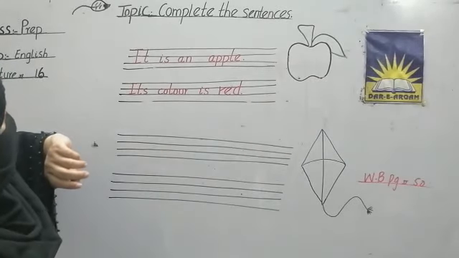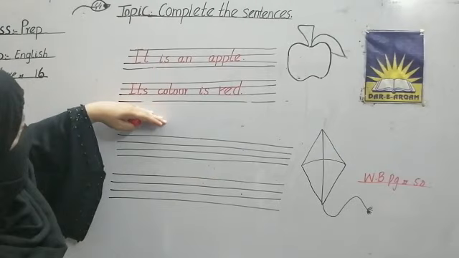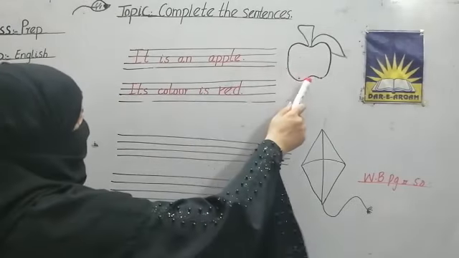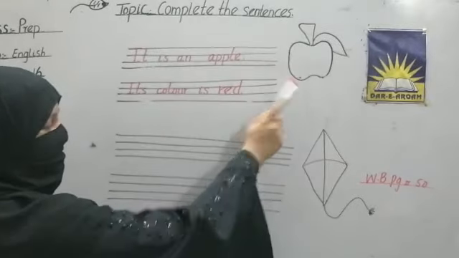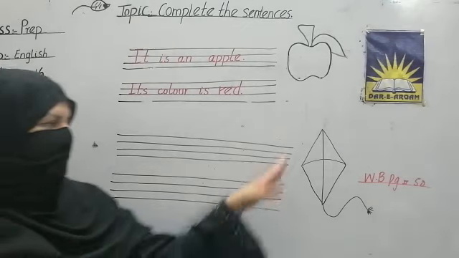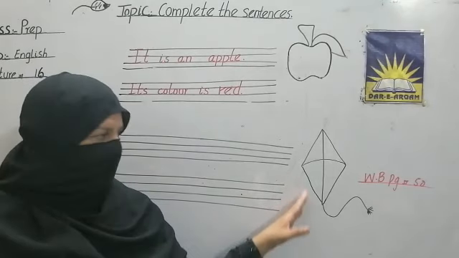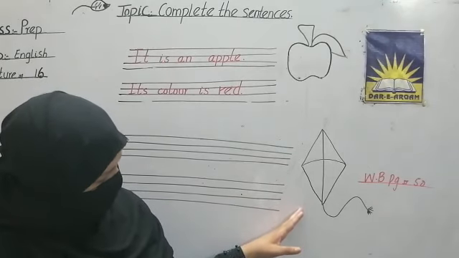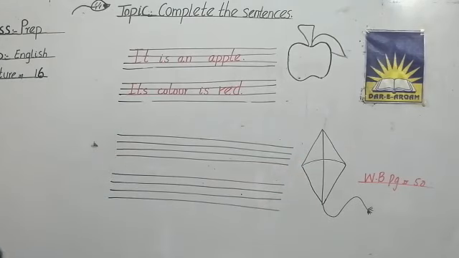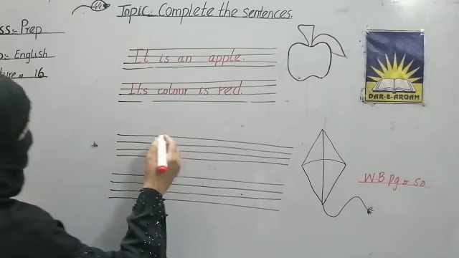We complete the sentences according to the picture. It is an apple and its color is red. And second picture, a balloon? No, it's not a balloon. It is a kite.